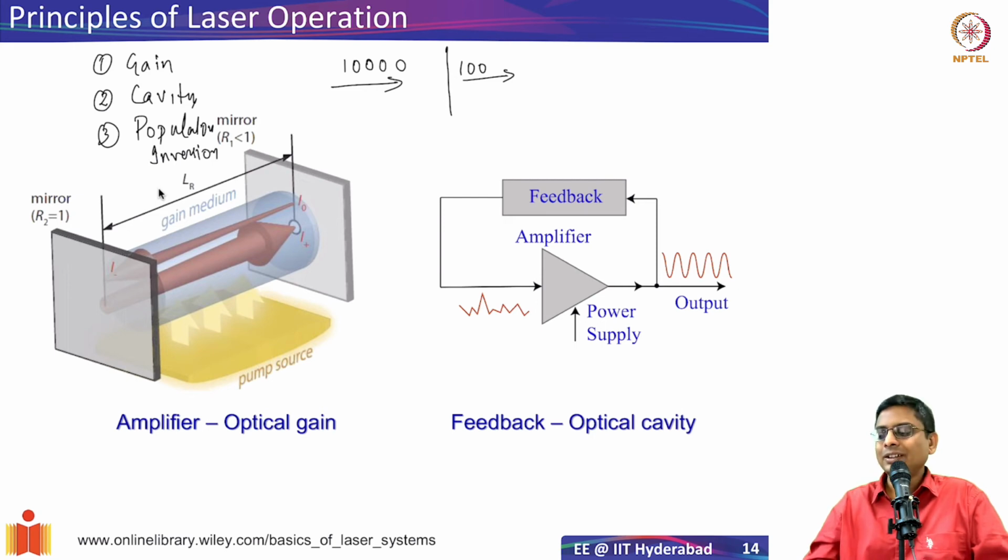Now I'll put another mirror. What I'm saying is a laser is simply 2 mirrors. So I'll put another mirror here, mirror 2. This is M1, this is M2. If you have 100 photons incident on it, you'll end up with 1% transmission, so I'll end up with 1 photon here.